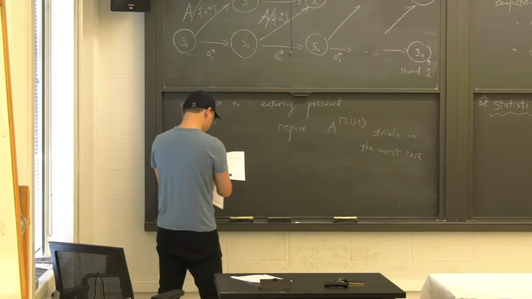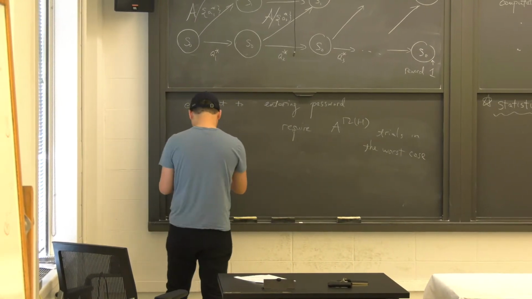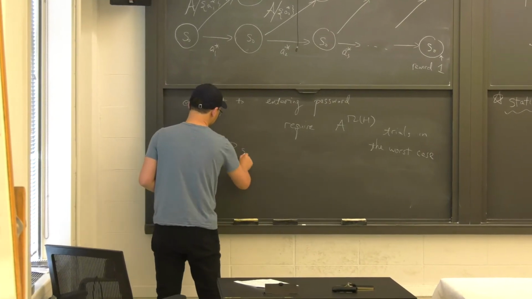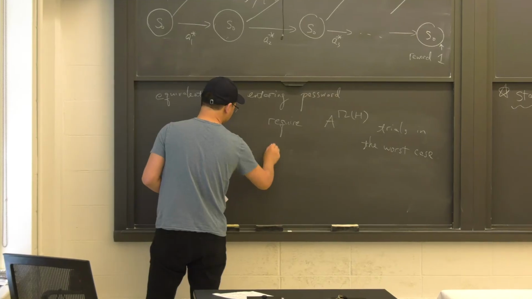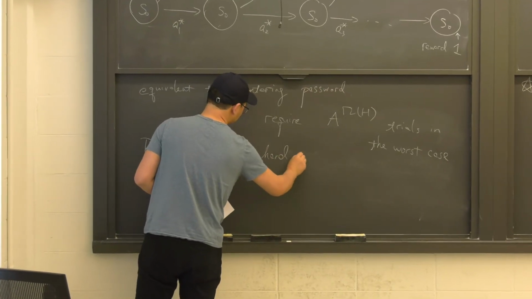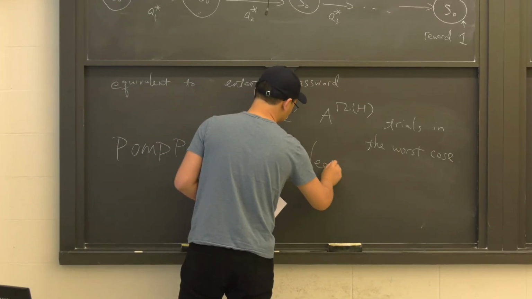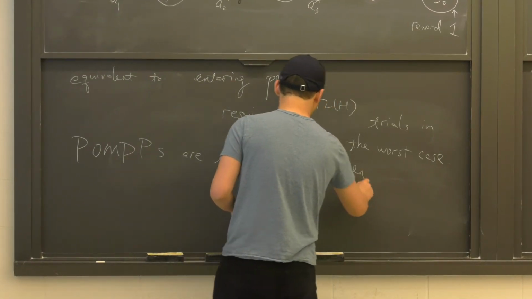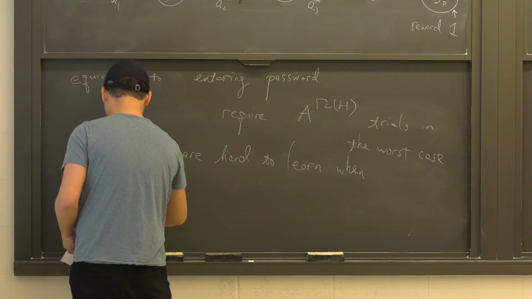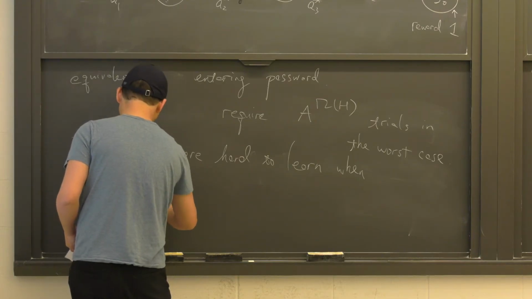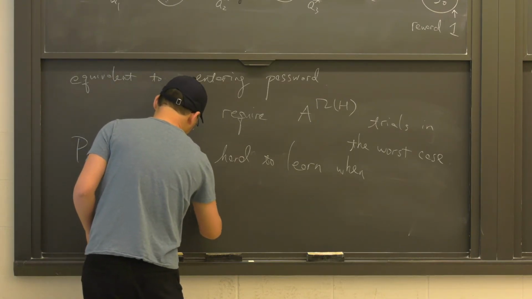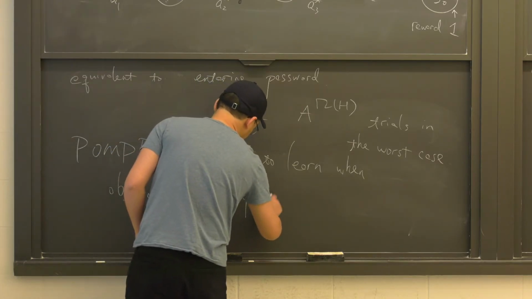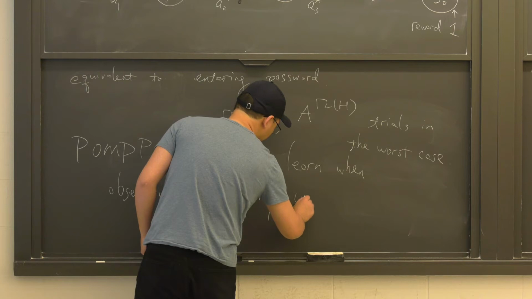That is, essentially we can conclude that POMDPs are hard to learn when observations are completely uninformative.